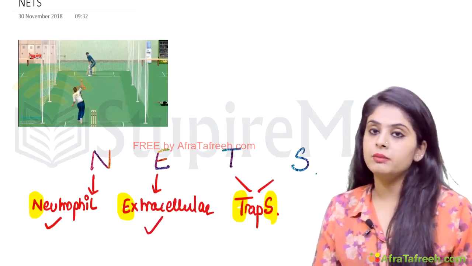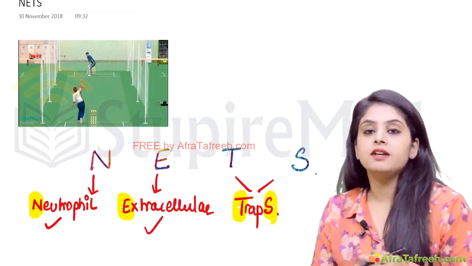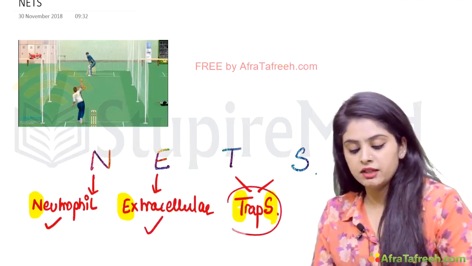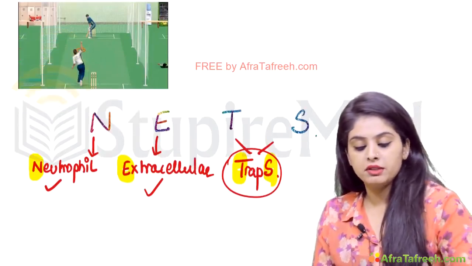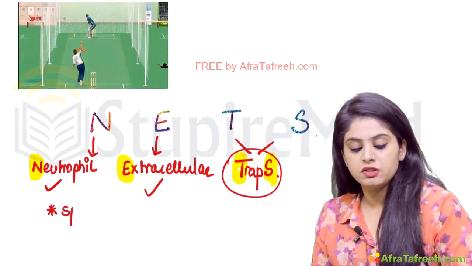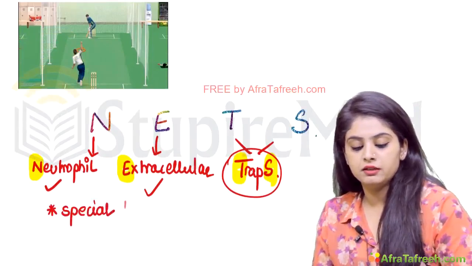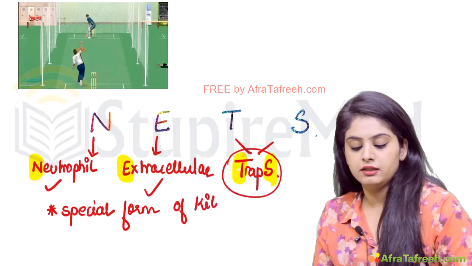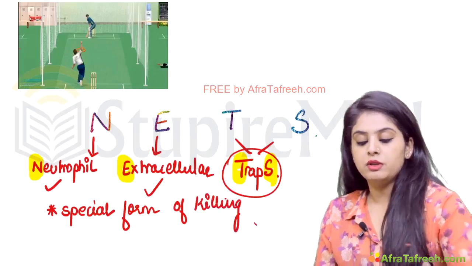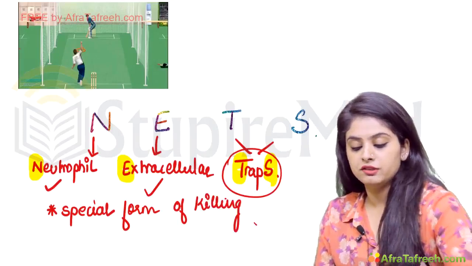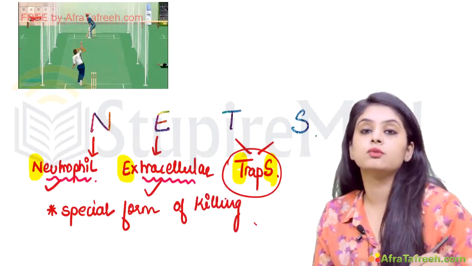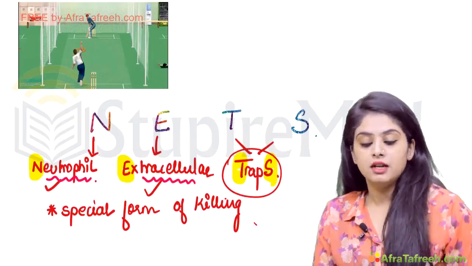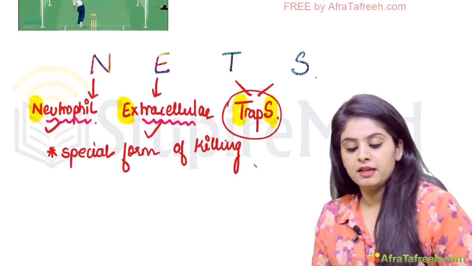Again you know it will be extracellular. And what is the mechanism of the killing? You know there is formation of some trap. So remember, this is a special form of killing which will be carried out by the neutrophils, outside the neutrophils, extracellular.